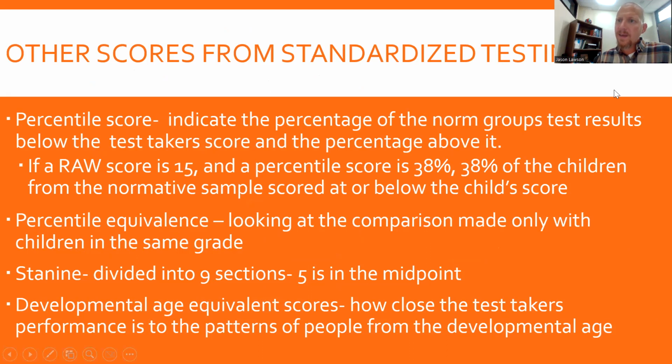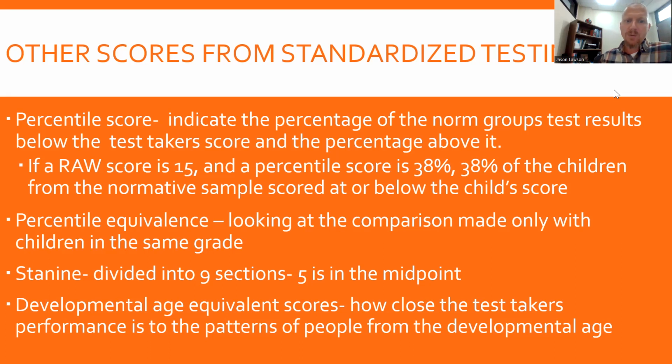Other scores that I think are helpful are percentile scores. This indicates the percentage of the norm group's test results below the test taker's score and the percentage above it. So a lot of times we'll see percentile scores.